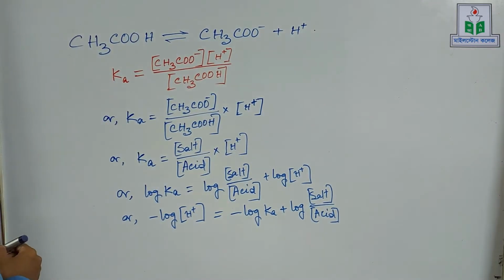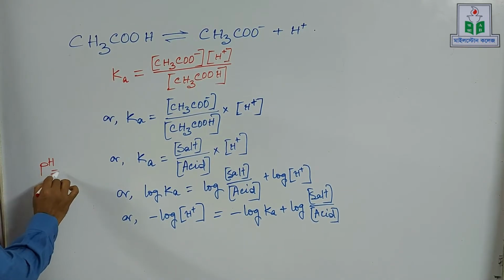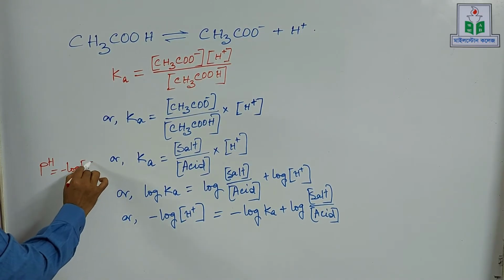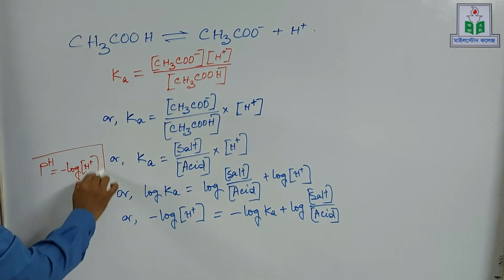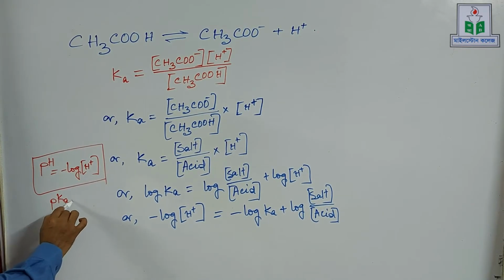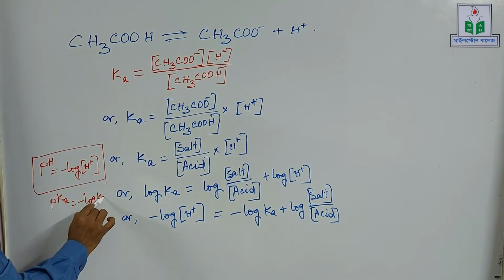Then dear students, all of you know that pH equals minus log H plus ion, and pKa equals minus log Ka.